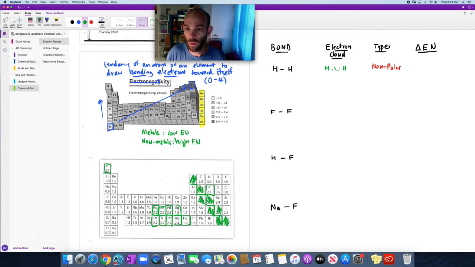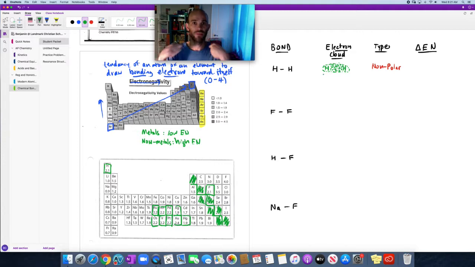Remember that whole firefly thing? Electrons are kind of unpredictable, but also predictable at the same time. The electrons would probably spend a lot of time in the middle between the 2 atoms and a little bit of time outside.